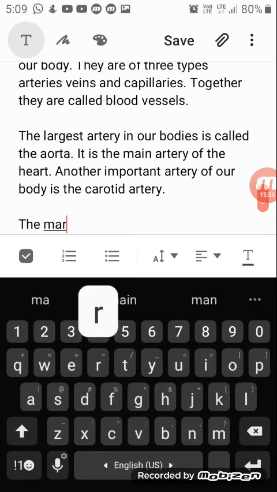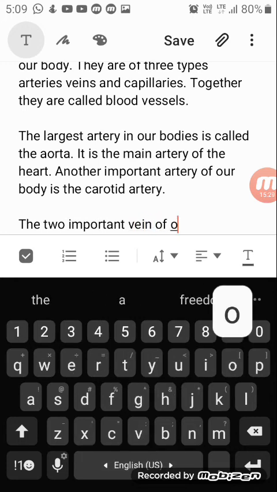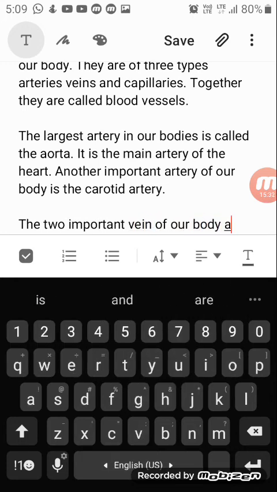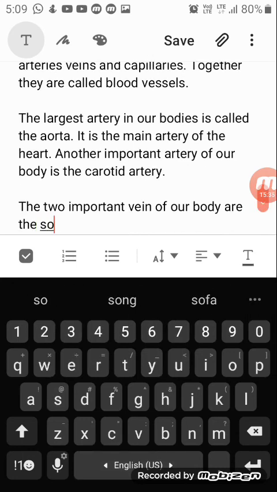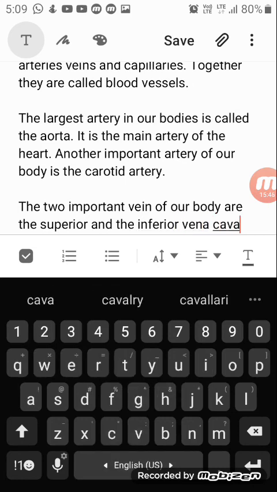The largest veins. The two important veins of our body are the superior and the inferior vena cava.